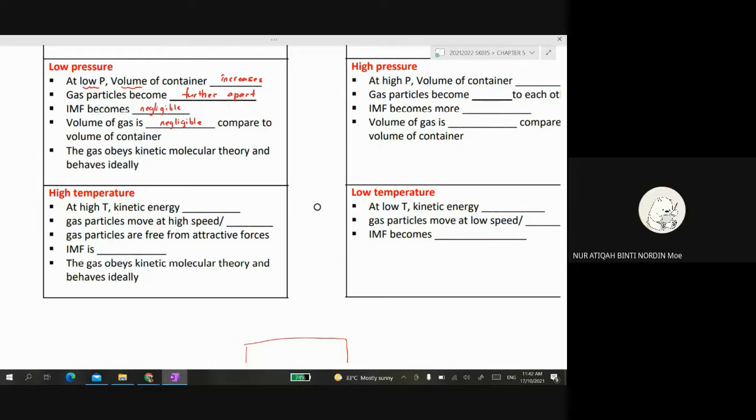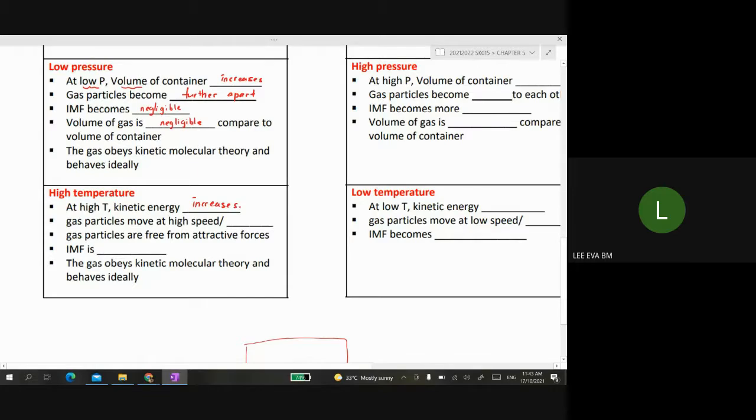No, madam. Okay, so next condition, we have high temperature. Remember that I told you that temperature, we have to link it with kinetic energy. So if you have a high temperature, what happens to the kinetic energy? It increases.